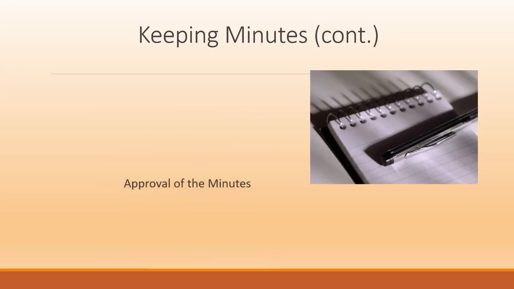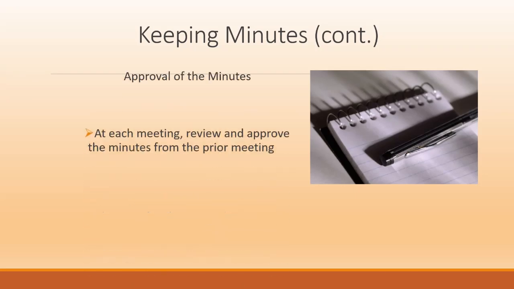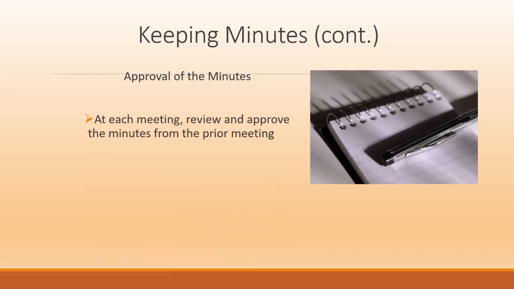What about the approval of minutes? At each meeting, minutes need to be reviewed from the prior meeting. This can either be done by reading the minutes or preferably by having them printed so that each member will have a copy and can simply read over it. Thus, if you have printed minutes, you're able to stay on your timetable. Allow for corrections, additions, or deletions.